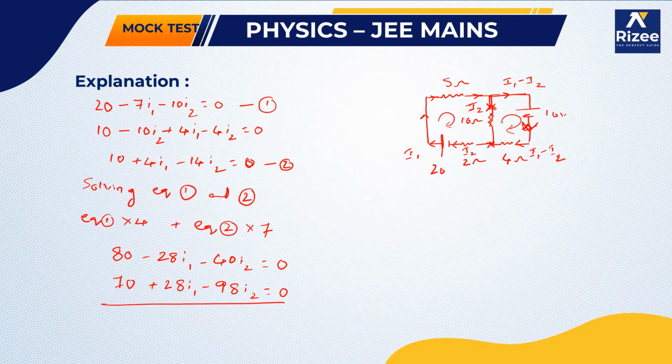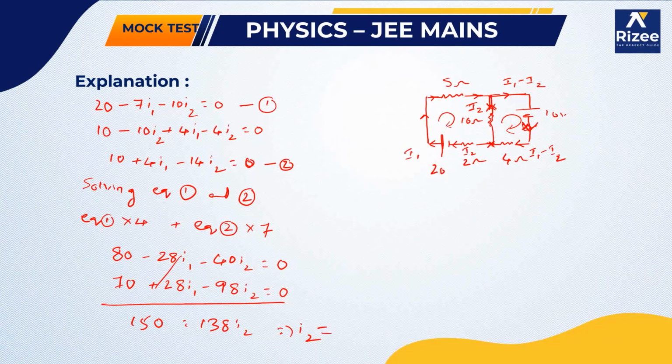On solving these two equations, you will get 150 is equal to 138 I2. From this, your I2 value turns out to be 1.08 amperes. Fine.